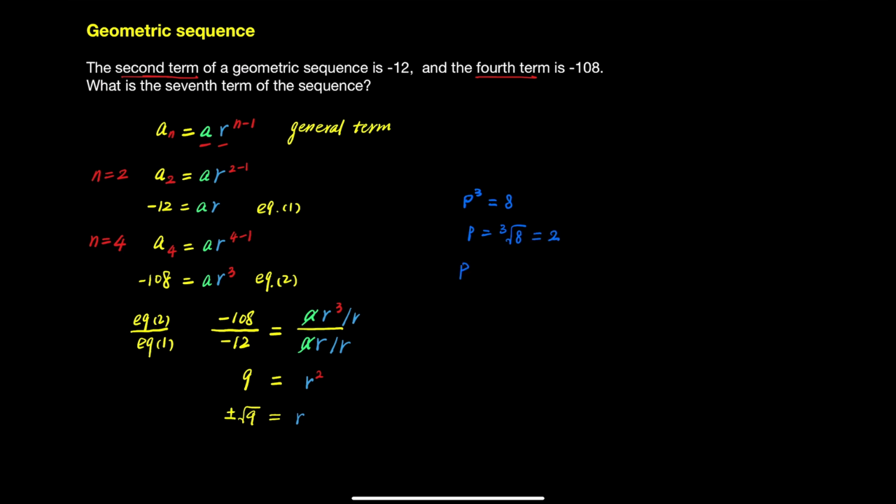If p cubed equals negative 8, then p equals the cube root of negative 8, which equals negative 2. So if the index is odd, you have only one solution.